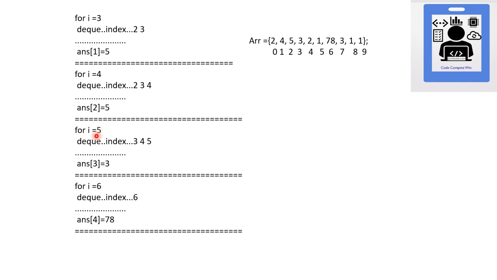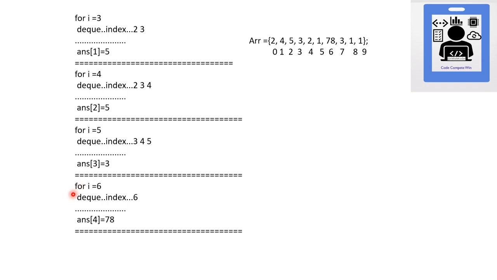Here i minus k is 2, so we remove index 2, and now our deque becomes 3, 4, 5. And now we store our answer. The answer is the value present at index 3, so array 3 equals 3, and we store answer 3 equal to 3.